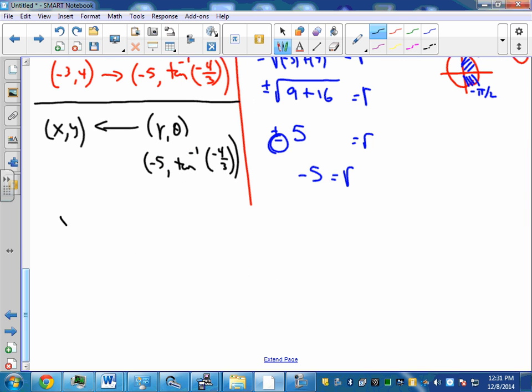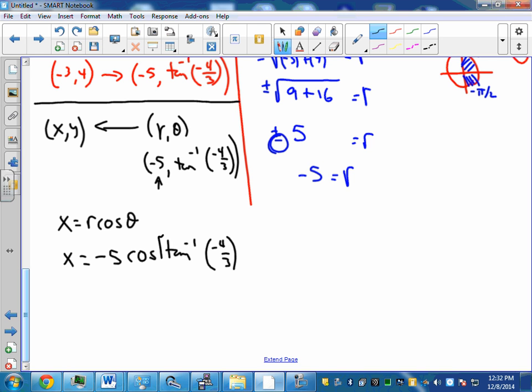I know that x is r cosine of theta, and so x is going to be -5. That's my r. And now I need the cosine of the tan inverse of -4/3.